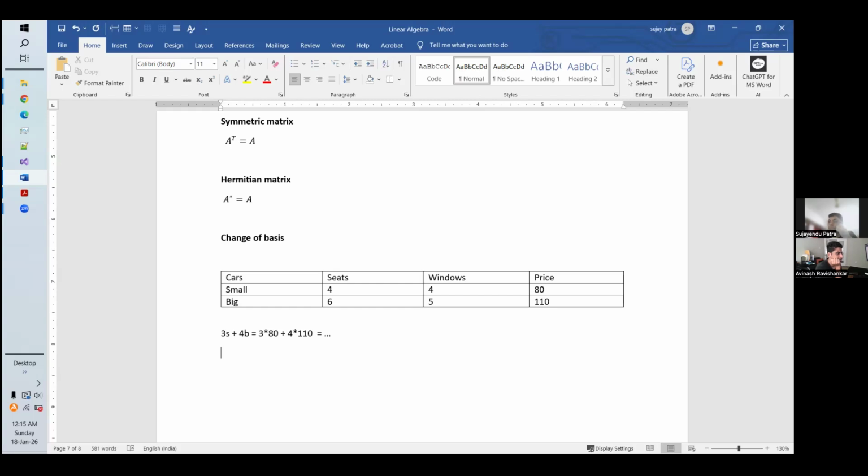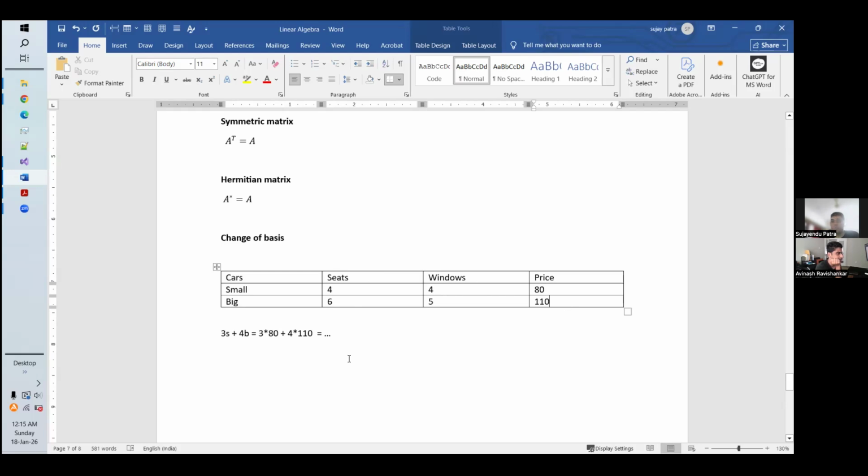Yes. So let's say the cars are charging us 10K for every seat and 10K for every window. Then 4 seats and 4 windows will cost us 40 and 40, that is 80. And 6 seats plus 5 windows will charge us 110.